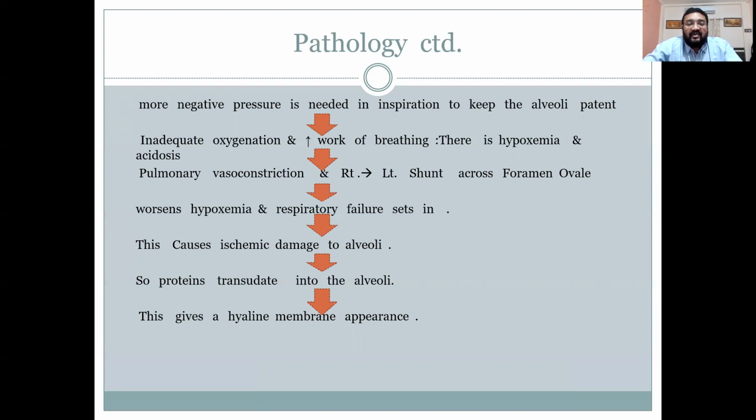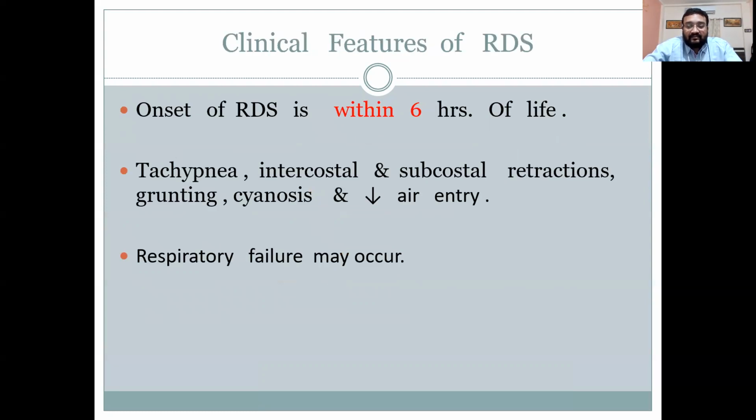This causes ischemic damage to the alveoli, and because of the damage to the alveoli, the protein that is present inside the alveoli transudates into the alveoli and gives a hyaline membrane-like appearance. So the basic cause of respiratory distress syndrome is prematurity because of the deficiency of the protein known as surfactant.